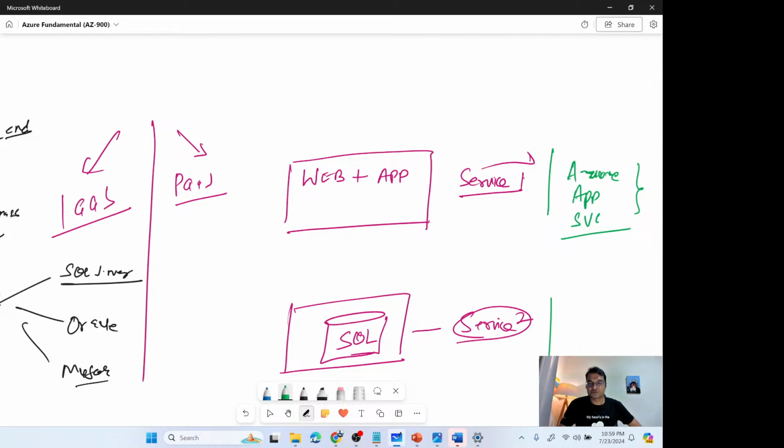It lets you deploy your websites without you having to maintain operating system. For SQL, there is a service called Azure SQL, which is a PaaS service, which lets you run SQL Server database without having to worry about virtual machine installing SQL. Okay. So that is that.